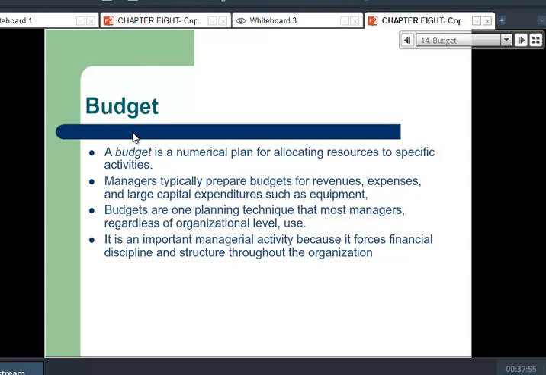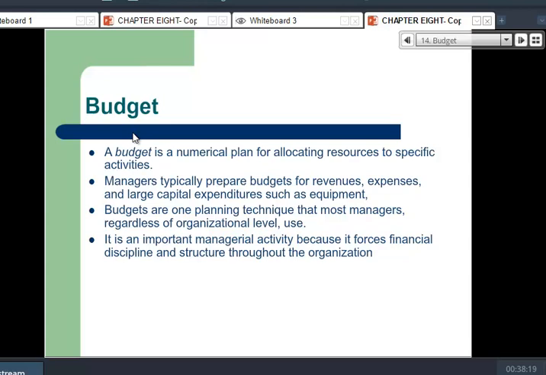The managers here typically prepare the budgets for the revenues, expenses, and large capital expenditures such as equipment. A budget is a plan done by the top management to anticipate how much money we are going to use next year.